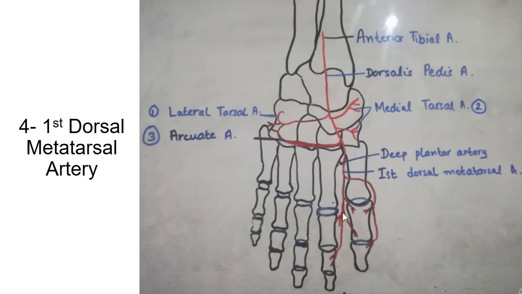These two branches which you can see here are the dorsal digital branches of the first dorsal metatarsal artery, which supply the adjacent sides of the first two toes, which are the lateral side of the great toe and the medial side of the second toe.